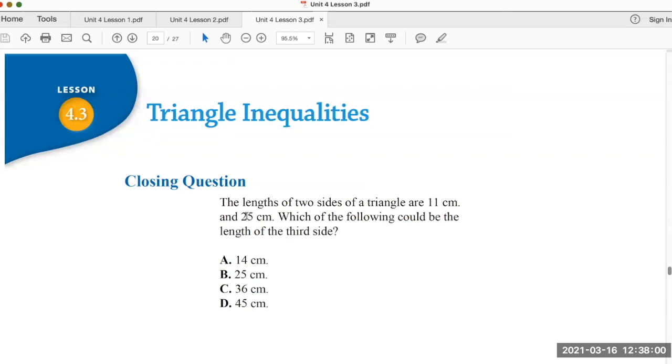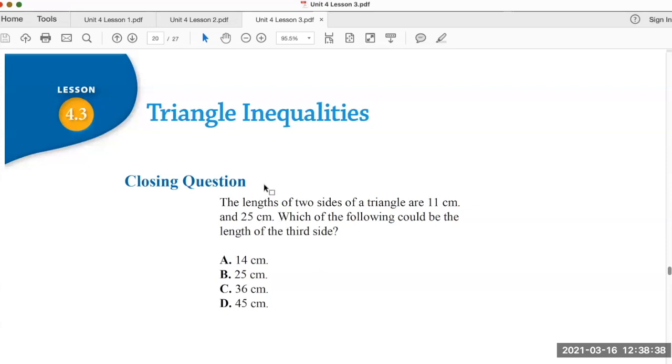So in order to find the range, you need to consider the fact that if 25 is the largest side, then 11 and that third side must add to something more than 25. If 25 is the medium-sized side, then 25 plus 11 must be greater than the third side in order to make a triangle. So let's find that range.